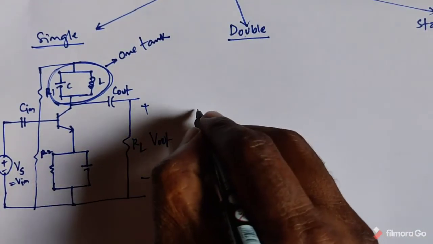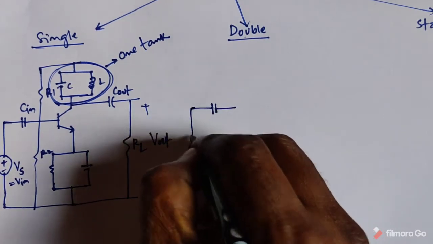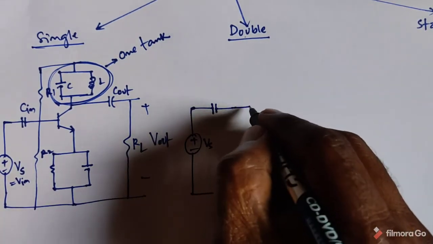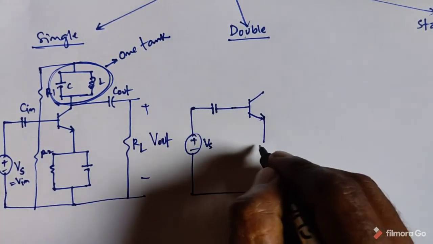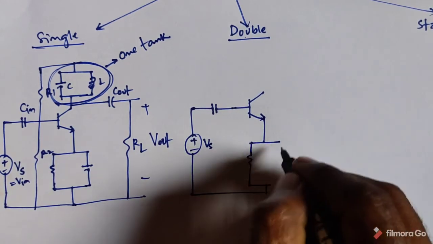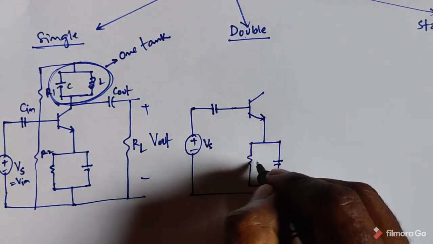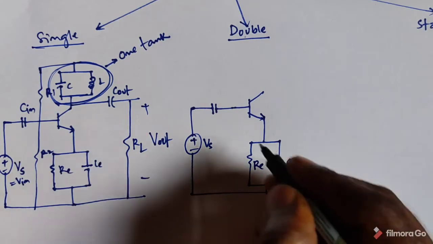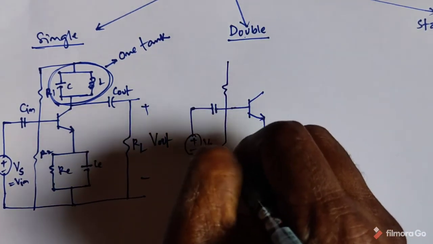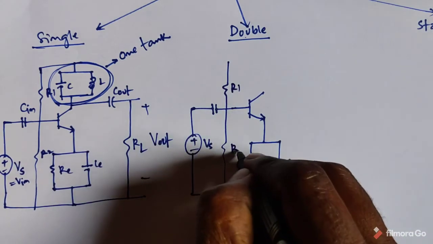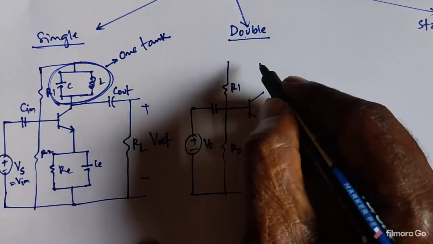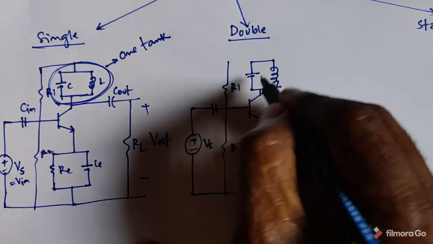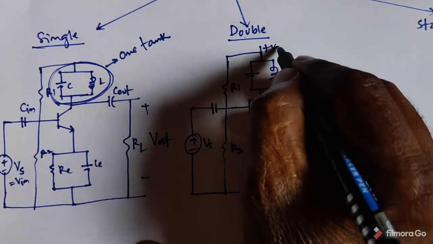What is meant by double tuned? Similarly, take one more circuit diagram. Take the source voltage and an emitter resistor and capacitor, this is RE and CE. Take voltage dividers R1 and R2 once more. Now take one capacitor and one inductor, both in parallel, connected to plus VCC.